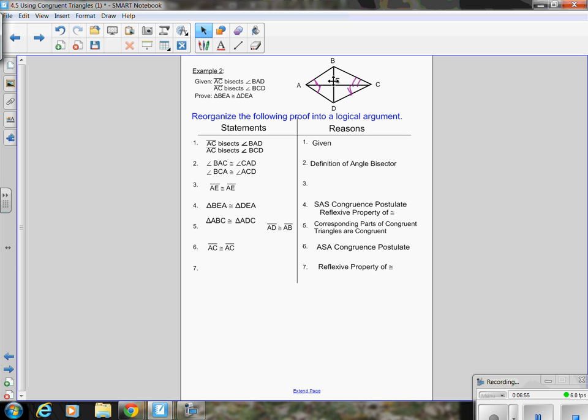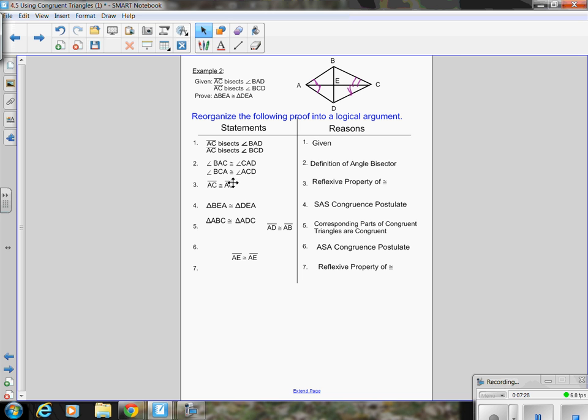my plan, I could show AE congruent to AE, but basically I'm going to show the big triangles congruent so that I know the corresponding parts are all congruent, and I can pick out some other information here to get these triangles congruent to each other. So I'm going to show the big triangles are congruent. So I need segment AC congruent to segment AC. That's the reflexive property.